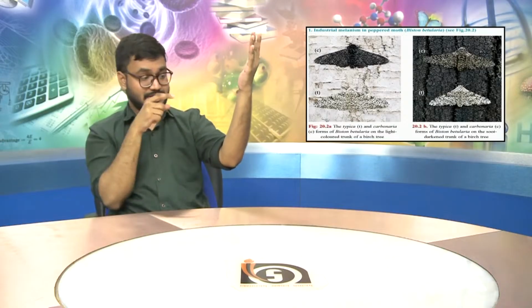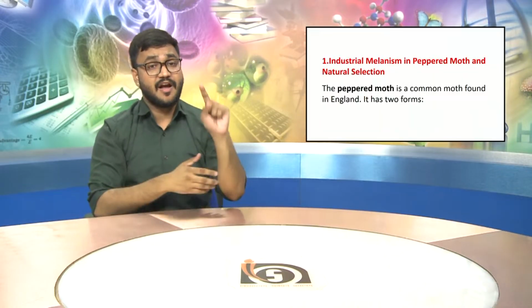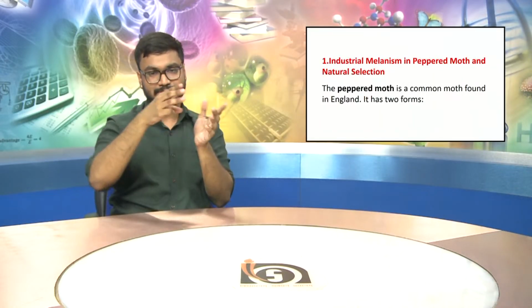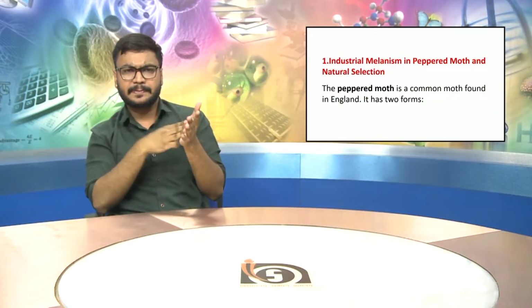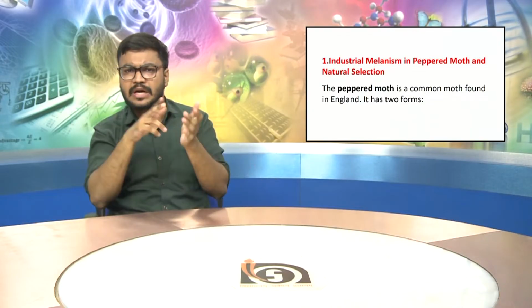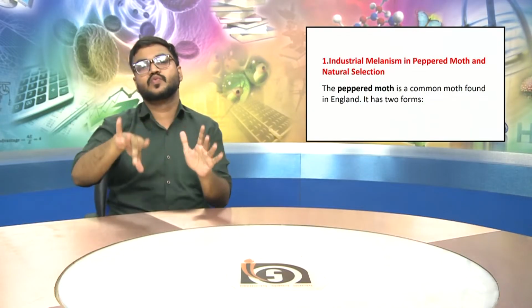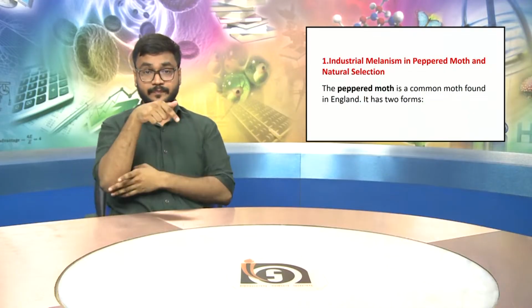At first you can see the peppered moth on the light colored trunk of a tree, and in the second figure you can see Biston betularia on the dark colored trunk. Industrial melanism, the peppered moth and natural selection.